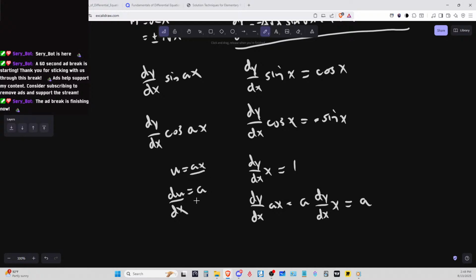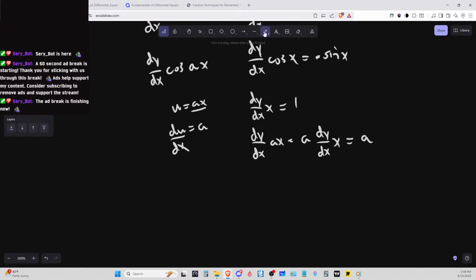Okay, so because we did that, now you have to multiply this with the derivative here. So we have sine, we'll just write it over. Then we'll do the u trick, which will turn that into u, and take the derivative of that with respect to x, which is a.